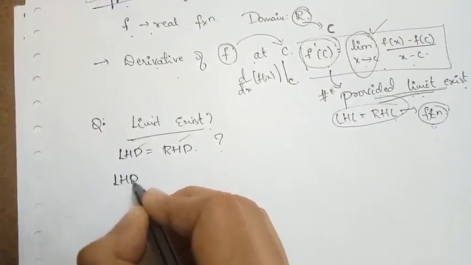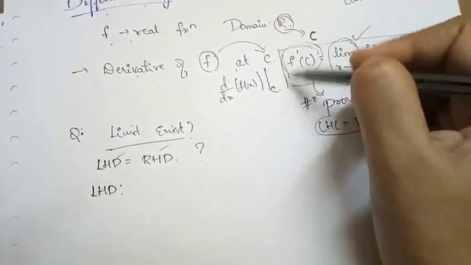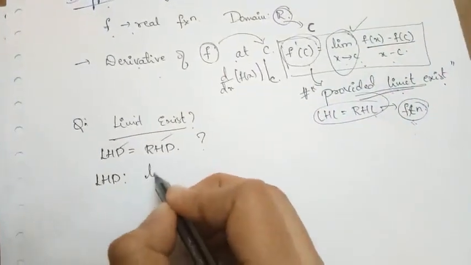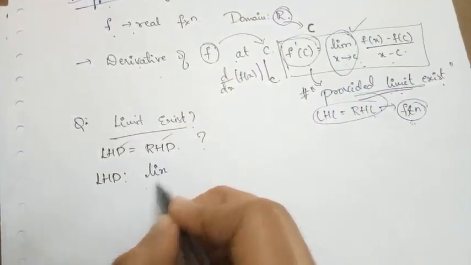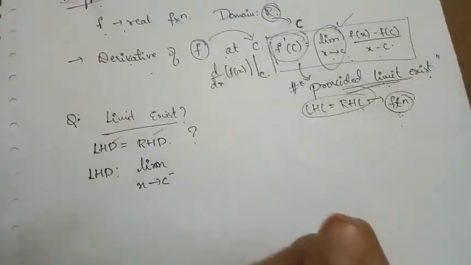Suppose I am talking about the left hand derivative. Look into the basic definition. Left hand derivative means x is approaching C from the left side.